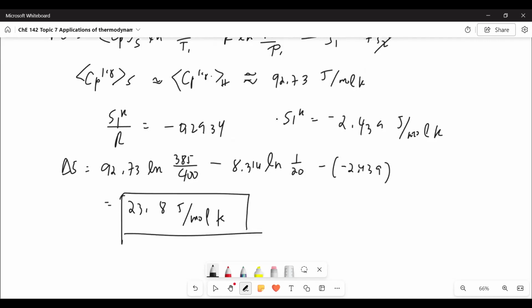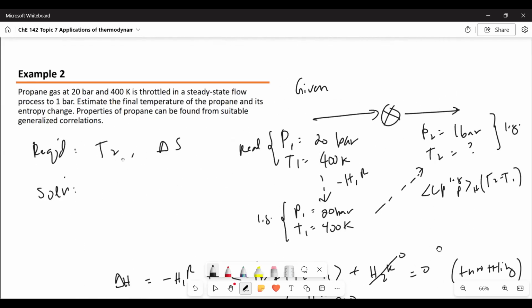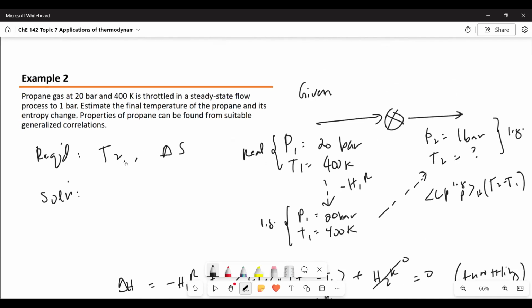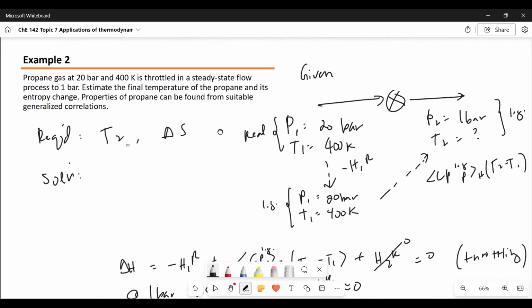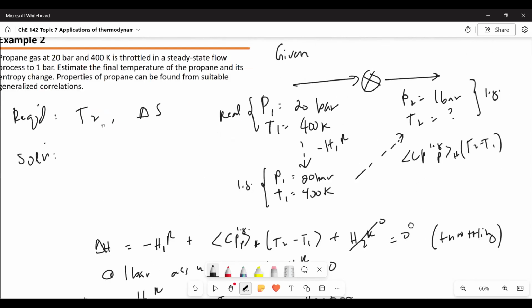Okay? So I hope that's clear. So this is an example wherein T2 is not known. For a throttling process, they use delta H equals 0.